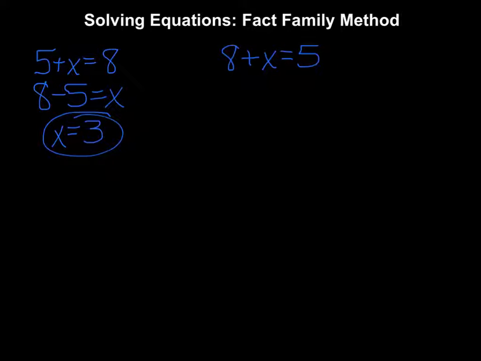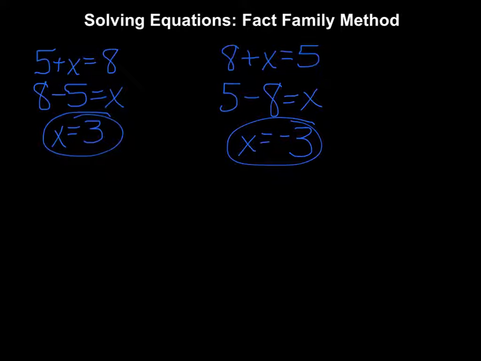So that means my 5 is going to come out front here, and I'm going to subtract. Now, I get to put one number here equals the other number. So obviously I want the 8 here equals x, and now we solve. Now this time though, I have 5 minus 8, and so my answer is negative 3.